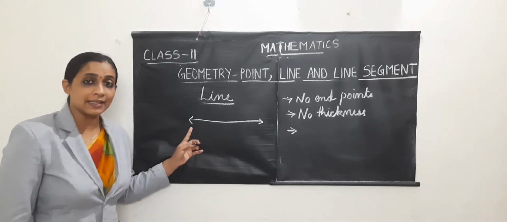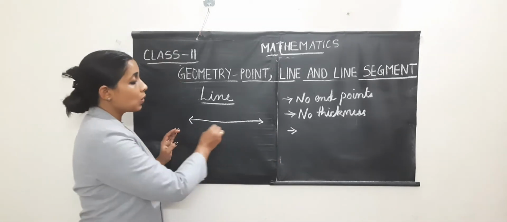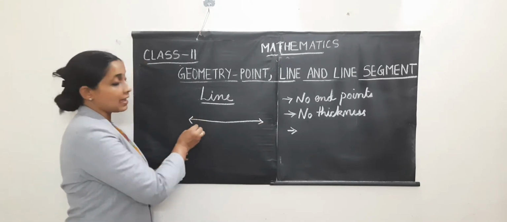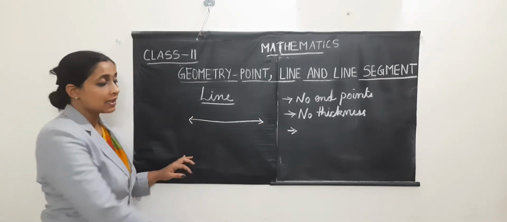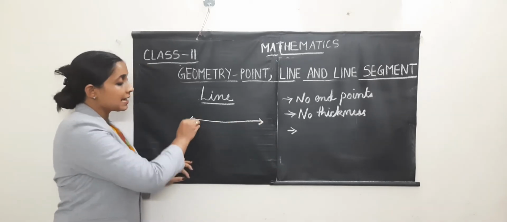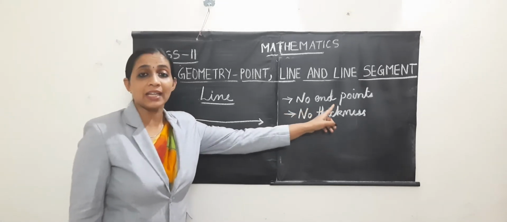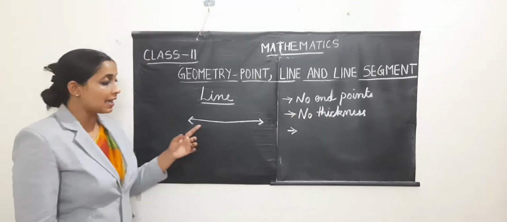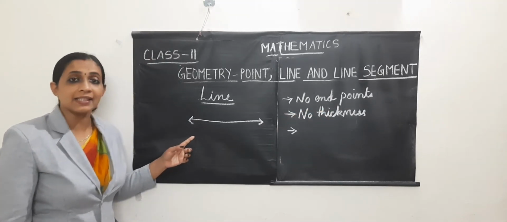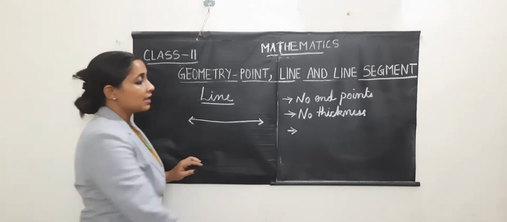That is why it is said it has no end points. It will go like this endlessly, without end, in both directions. That is why it does not have end points. A line extends endlessly in both directions.